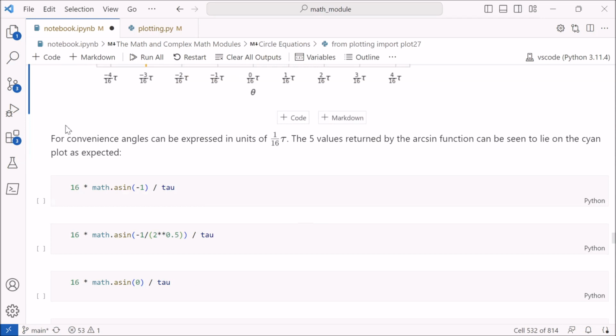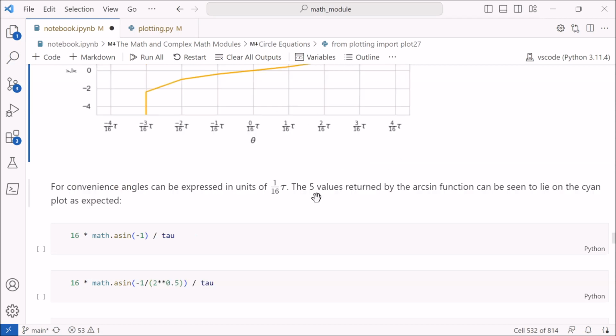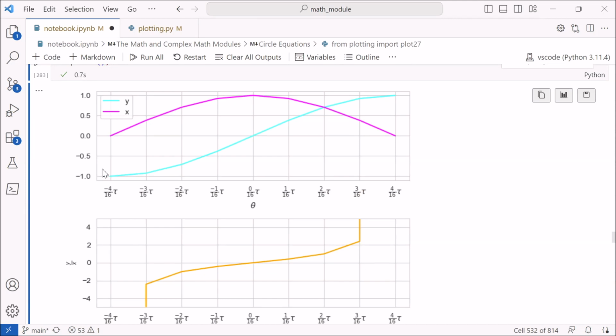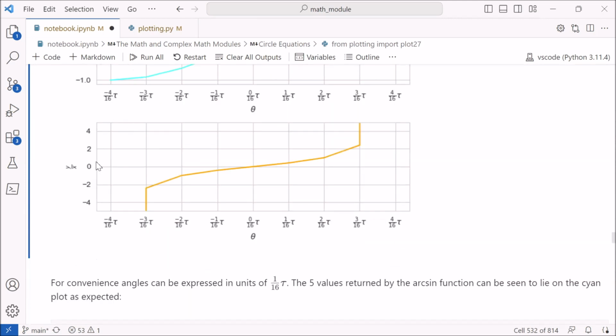So we'll keep expressing the angles as 1/16 tau, and we can have a look at 5 values returned by the arcsine function. So if we basically have a look at the value minus 1, we should get this.